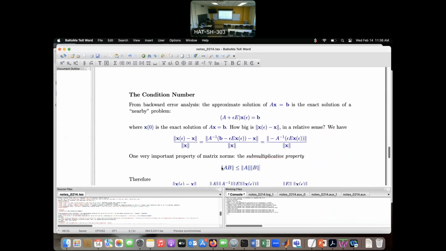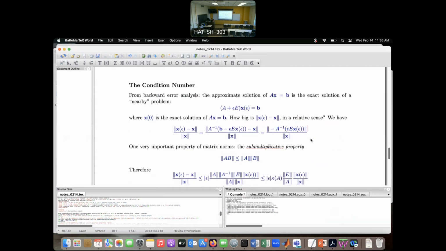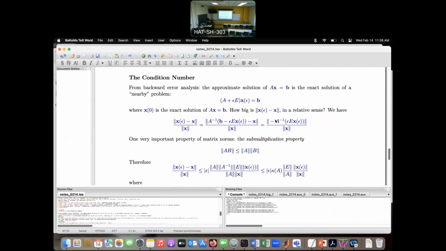So if I make use of this property up here, then that lets me pull out the norm. I don't care about the minus, because a norm is effectively taking the absolute value anyway.